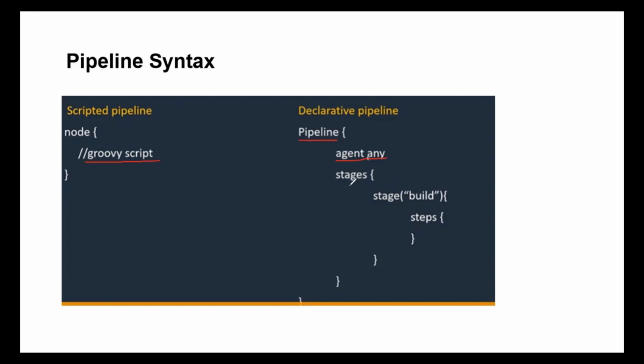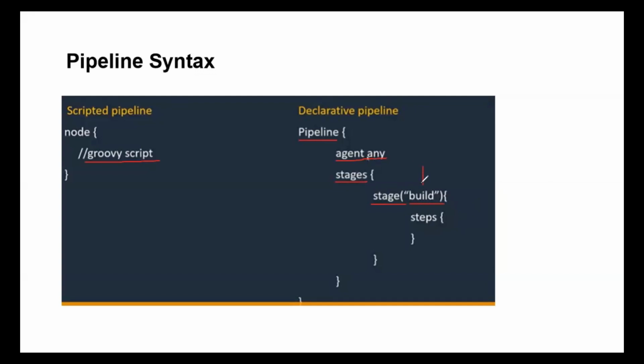Then the stages will be very important. What exactly do you want to do as part of the pipeline? So you put stages, you start an open parenthesis, then you put in the type of the stage. Is it a build stage or a test stage? Or do you want to clone your code repository, or is it a deploy stage? Like that, you put in the stage.